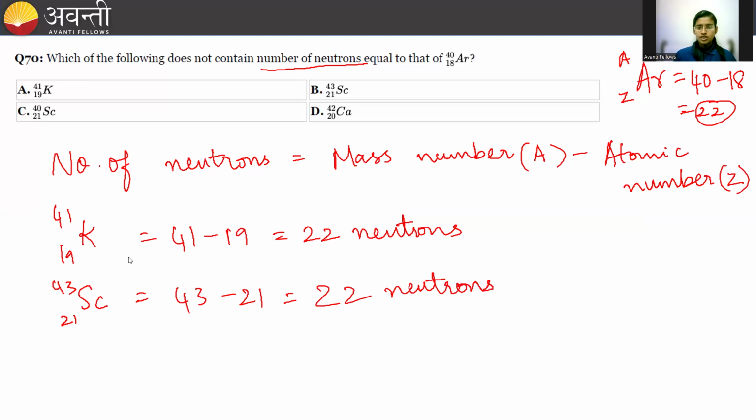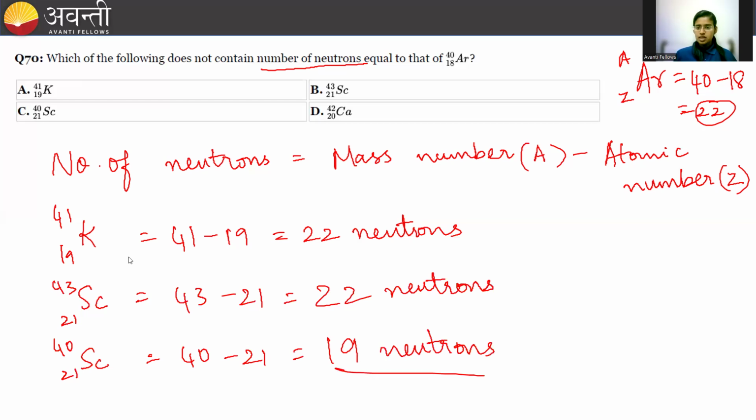And if I go for option C, scandium with 21 and 40, mass number minus atomic number is giving 19 neutrons. So option C is the answer, right? Because it does not contain the equal number of neutrons to that of argon. Okay, it is an exceptional case here. So option C is the correct answer for this question.